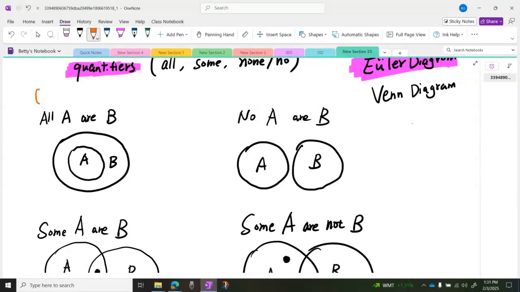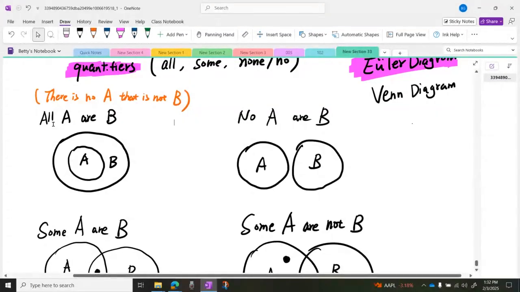But another equivalent way to say the same thing is: there's no A that is not B. What do you think? Do you think those two sentences mean the same thing? Do you think all A are B actually means there's no A that is not B?